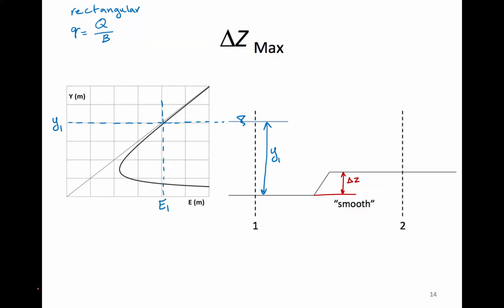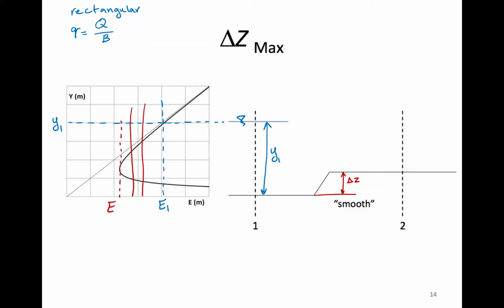So as we move up in terms of channel bed, specific energy reduces. So for different values of delta Z, we're going to have different E values, one here, one here. And at some point, we're going to get to this point, which is the interesting one.